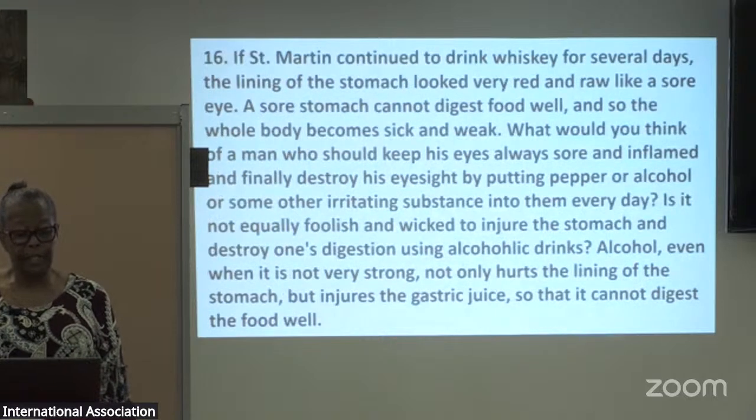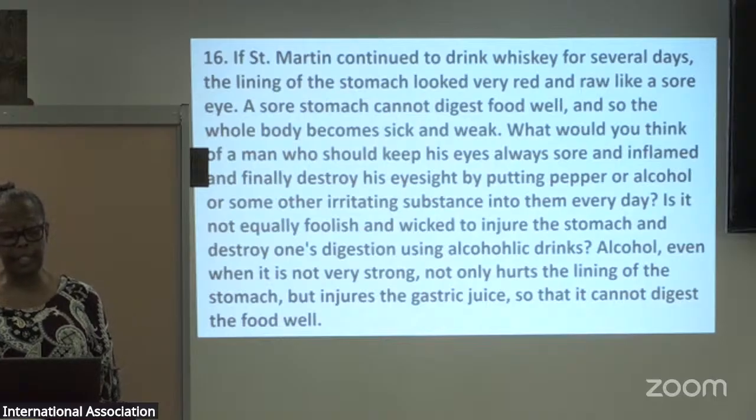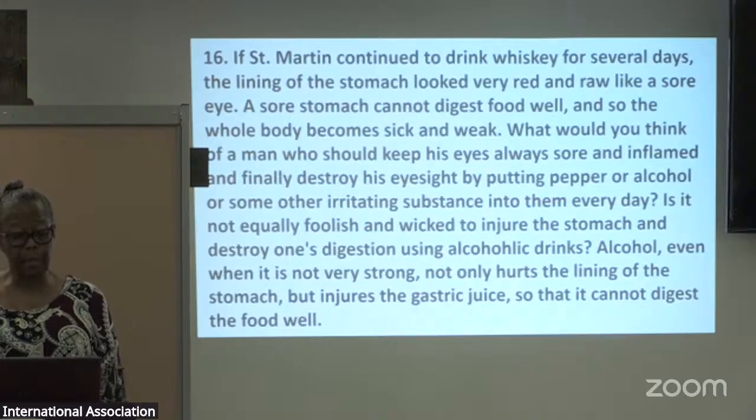If St. Martin continued to drink whiskey for several days, the lining of the stomach looked very red and raw, like a sore eye. A sore stomach cannot digest food well. And so the whole body becomes sick and weak.